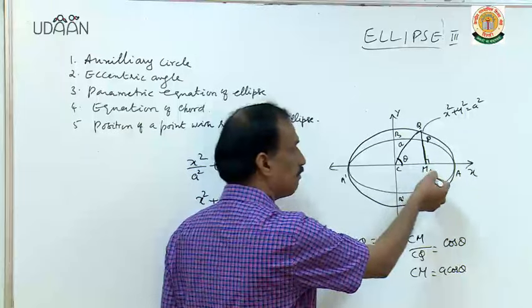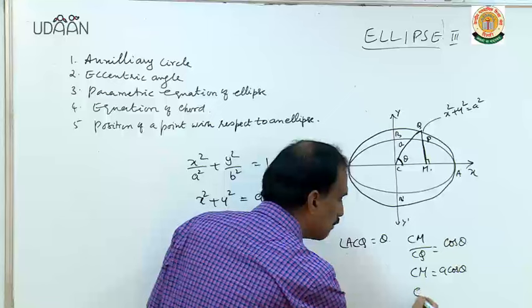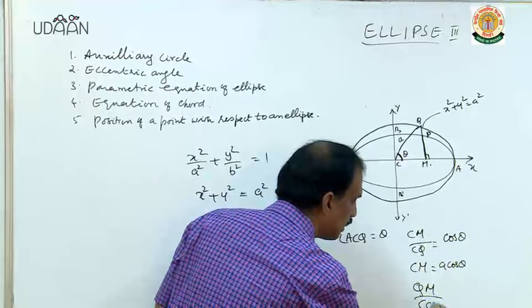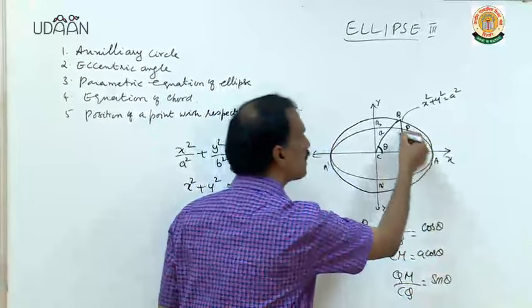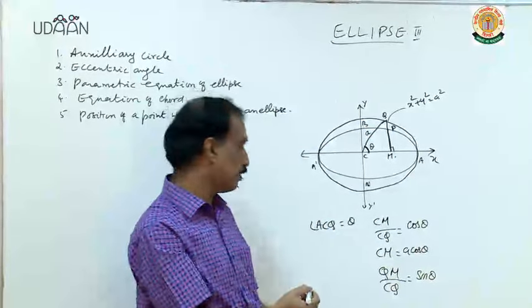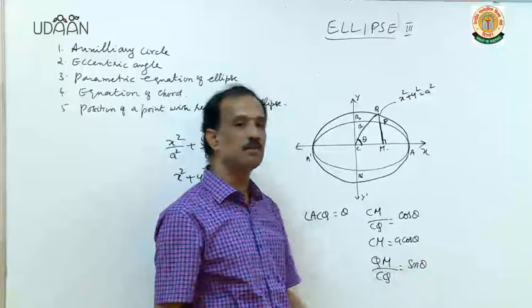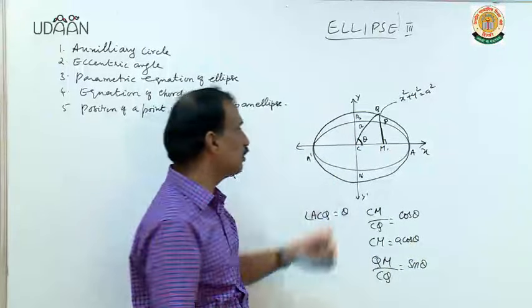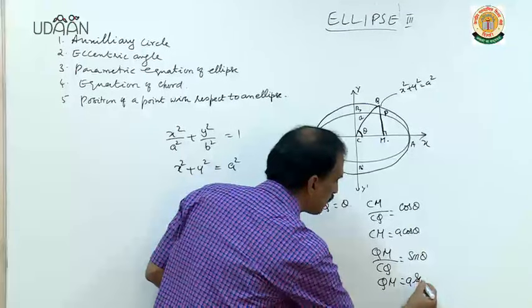Then in the same way, what is QM? QM by CQ is defined as opposite side by hypotenuse, that is sin theta. So QM by CQ equal to sin theta. CQ is A, so QM equal to A sin theta.